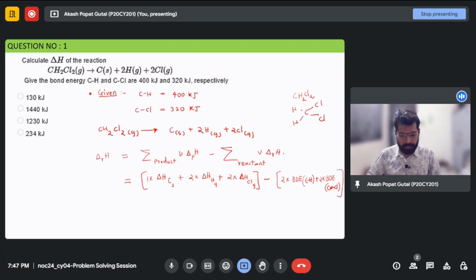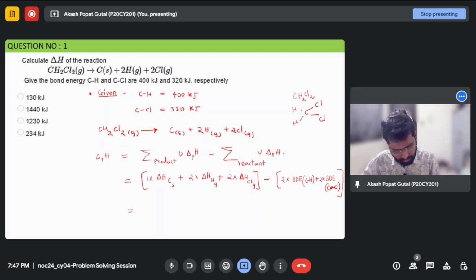According to Hess's law, we can consider the bond dissociation energy as the change in enthalpy, the delta H for the reactant.